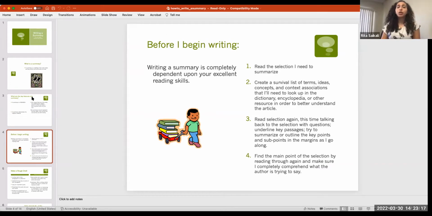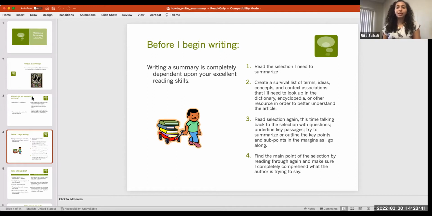All right. So before you begin writing, what are some things that you should do? Well, writing a summary is completely dependent upon your excellent reading skills. Before you write a summary, you have to read what was there, and your summary is dependent on how well you read, okay?